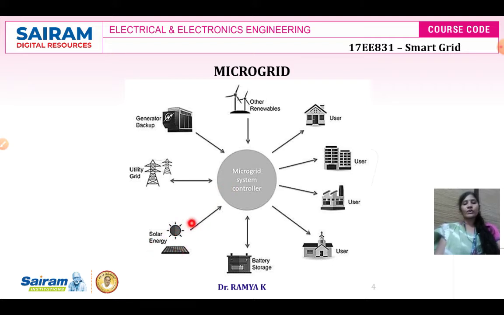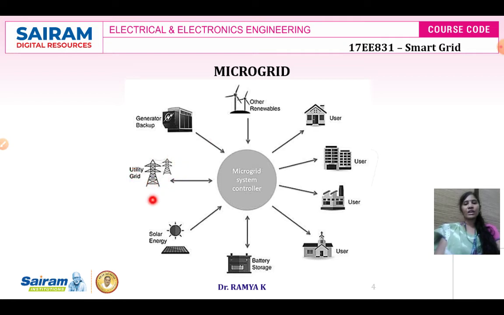The output of the solar is going to be DC, so the DC power can be connected to the DC grid, whereas if you are using a wind turbine, the output is going to be kinetic energy. That kinetic energy will be converted to AC energy with the help of an alternator. There is also a generator backup. This generator backup is required when you don't have any conventional source or non-conventional energy source.